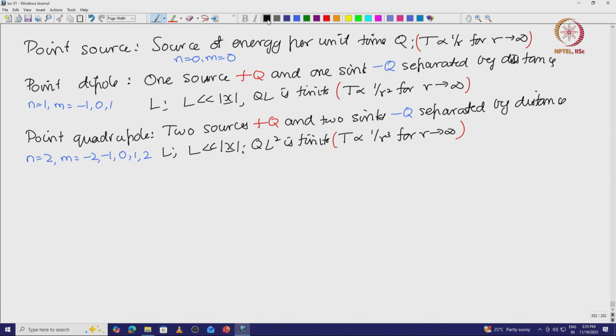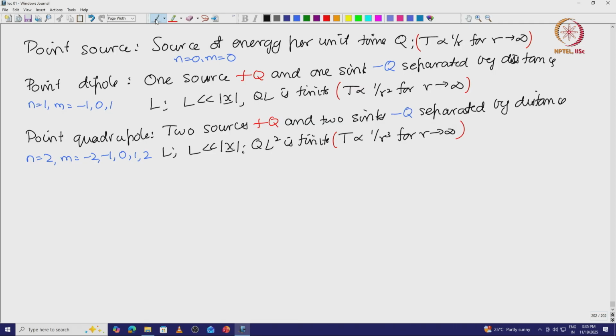I will just discuss the axisymmetric one, that is for m is equal to 0. The others you can sort of get by similar procedures.